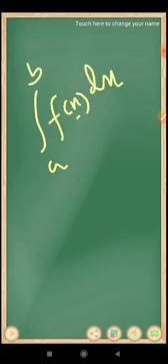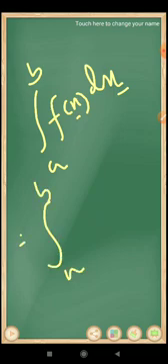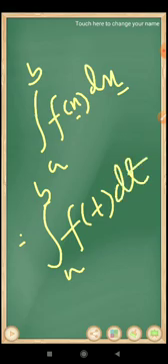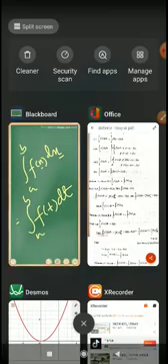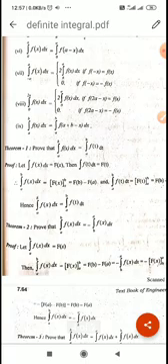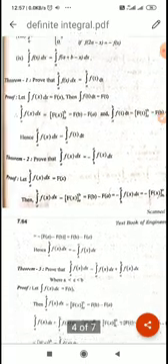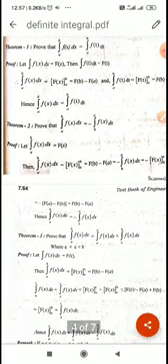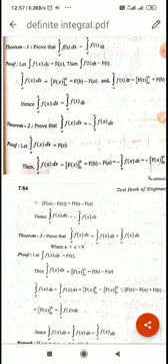Integration a to b f of x dx, if our variable is x, we can transform it to f of t dt. Okay, the same thing, only that is given. Okay, the next thing is here a to b f of x dx.